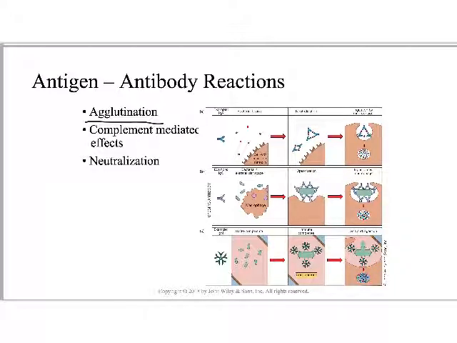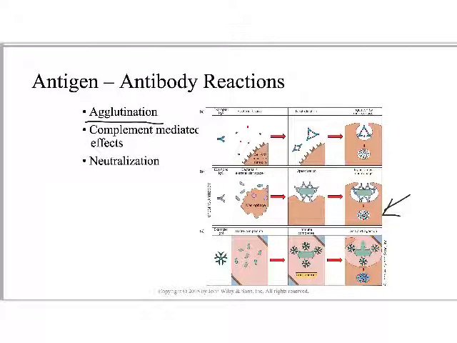I didn't look at what the picture was I put in here, but agglutination, what happens is the antibodies bind to the antigen, and they can cause it to clump up. And then after it clumps up, it can be engulfed by a macrophage.